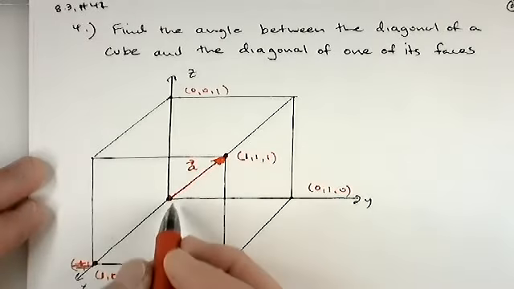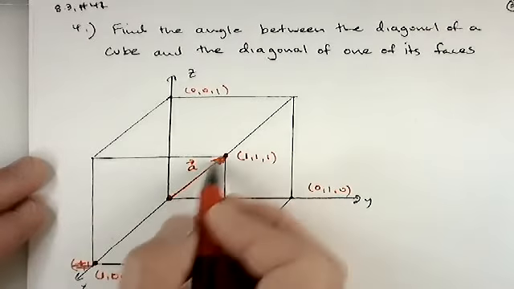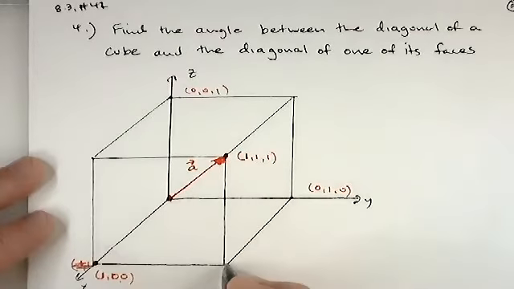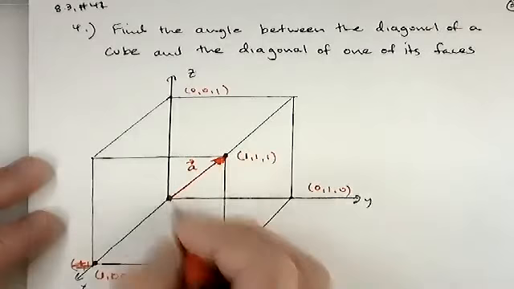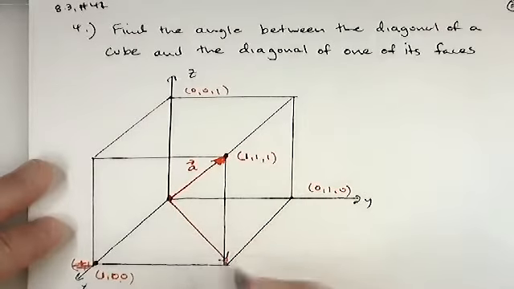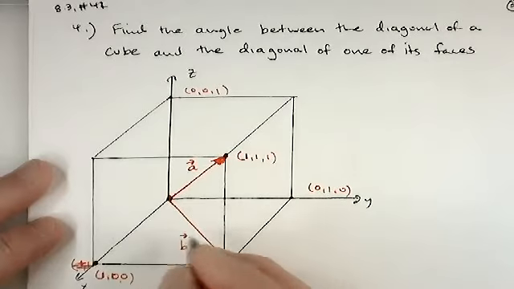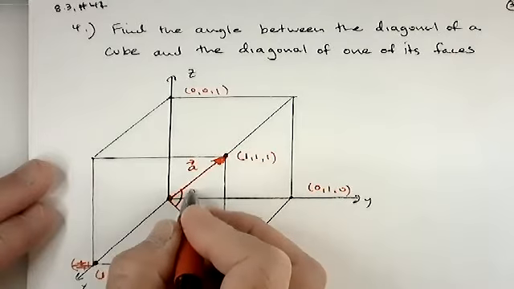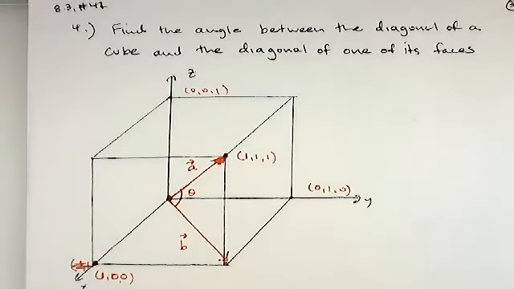But here's an interesting question. If you can envision the diagonal of a cube and then a vector that goes from the origin to a diagonal of the floor of one of the faces right here, let's call that vector B. There's an angle between those two. What do you think it is?